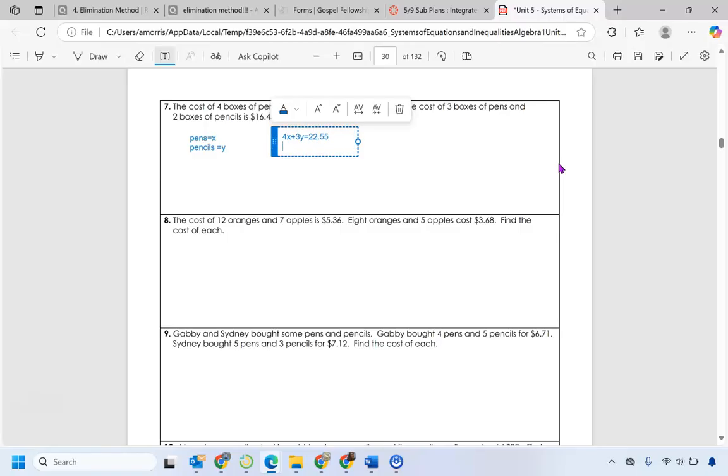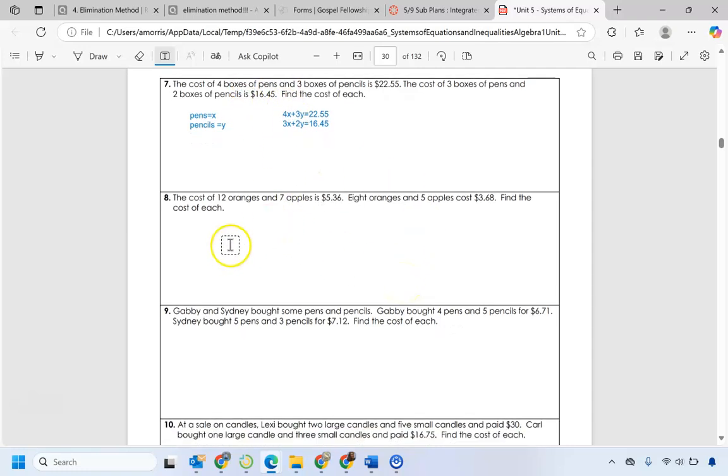And then another way to figure out how much this is: 3 boxes of the pens and 2 boxes of the pencils, together that is going to cost $16.45, okay? So now, you wouldn't be able to solve this, right? We would have to decide to get rid of the X or Y and multiply, to solve, right? And again, all we're doing right now is just focusing on writing. We're not going to solve anything.